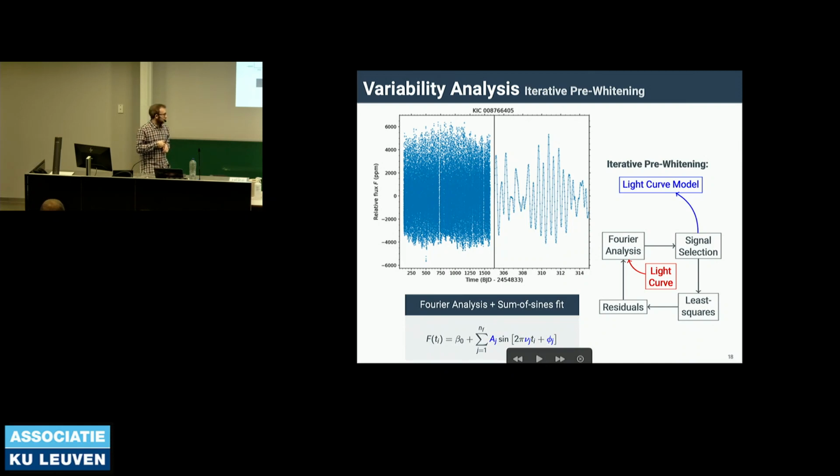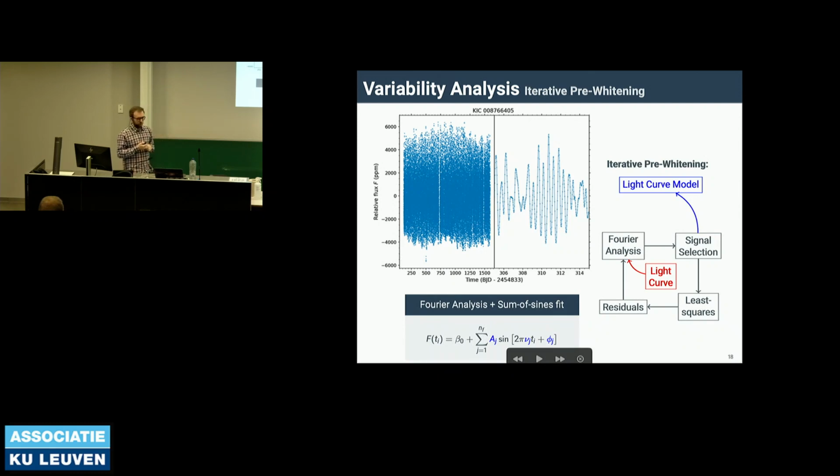Using the Fourier analyzed data, you then select the most significant signal according to a signal selection criterion of your choice. Then you make a model of that, and typically what we do is we make a sum of sines model where you put the extracted amplitude, frequency, and phase information from your Fourier analysis selected signal into your least squares model.